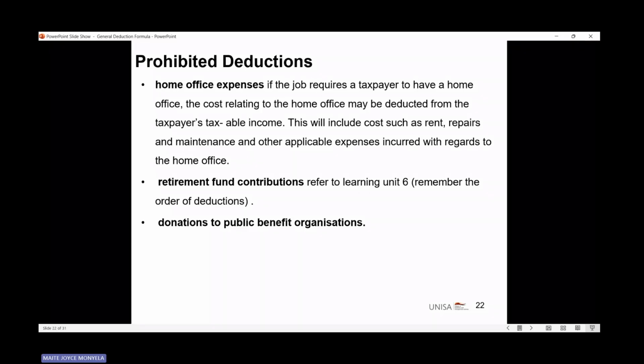And we also have retirement fund contributions and donations to public benefit organisations.